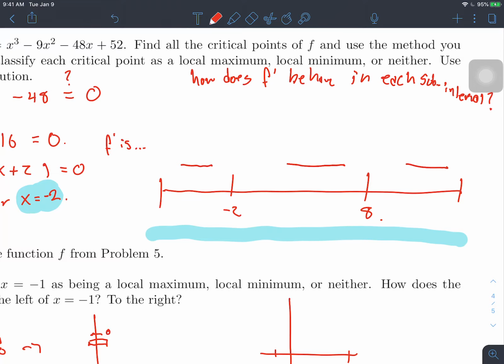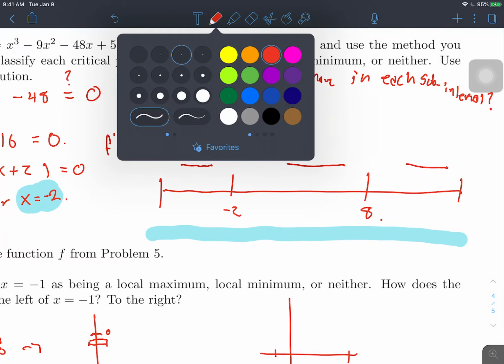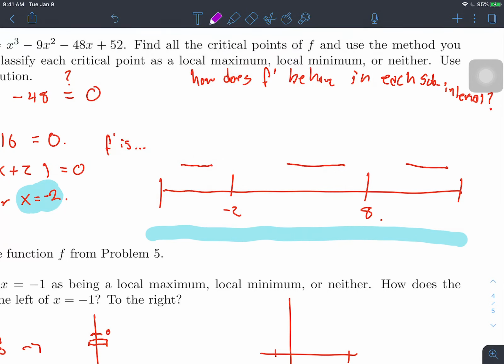Since I know that in each interval the sign of f prime does not change, if I want to know the sign of f prime in one of those intervals, the only thing I have to do is pick one point from inside each of them and plug it into my derivative function. If I get a positive number, then the derivative will be positive in that interval.